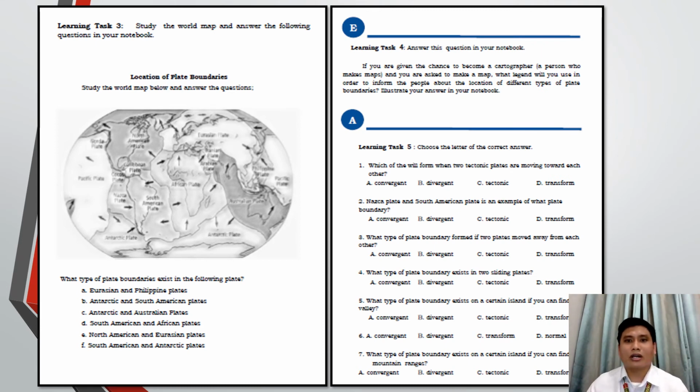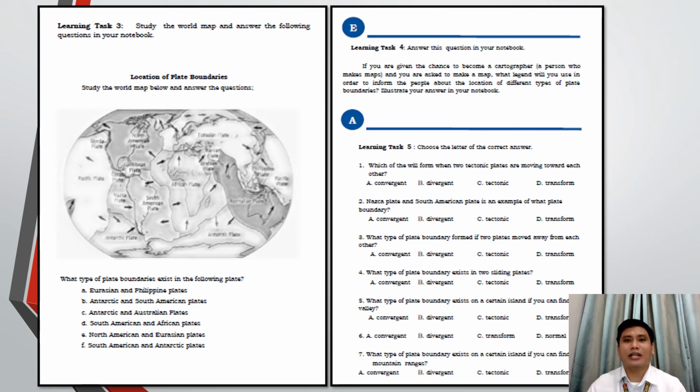If you are given the chance to become a cartographer, a person who makes maps, and you are asked to make a map, what legend will you use in order to inform the people about the location of different types of plate boundaries? And illustrate your answer. Not on the notebook. You can write down your answer on a separate sheet of paper or a clean bond paper.